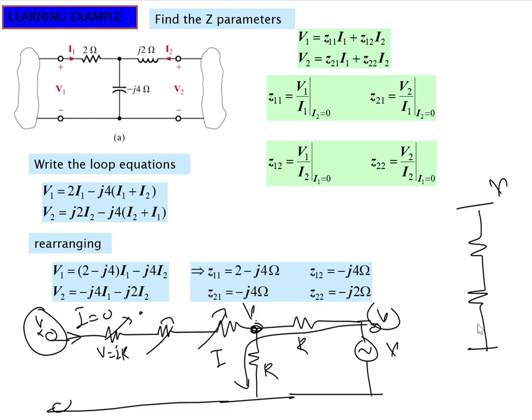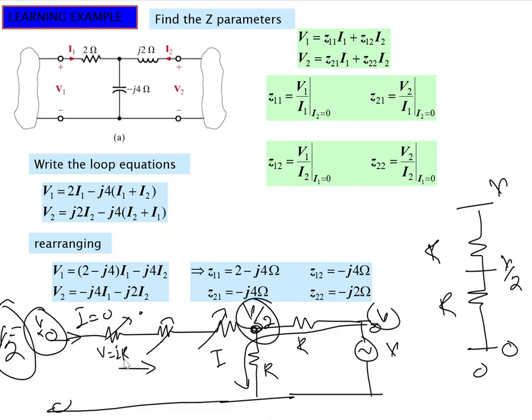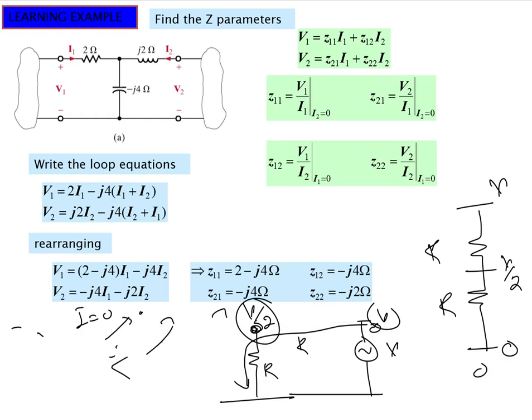So this is V and this is 0, and this is R and this is R. So this is V by 2 and this is 0. So this voltage here is V by 2 as well. If this voltage is V by 2 and this voltage is V by 2, will the current flow in it? No. So I is 0, that's why. This is the scenario in this circuit which we are talking about.